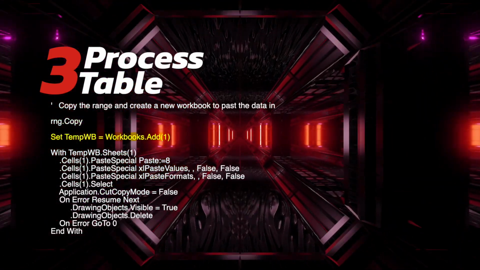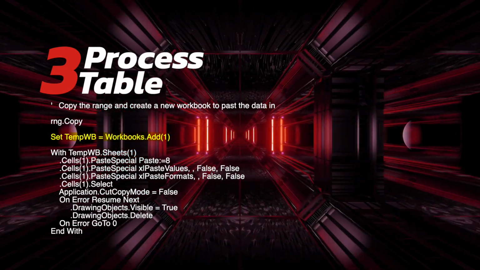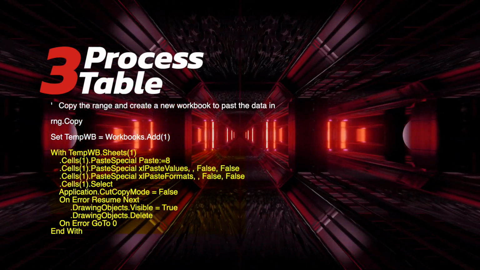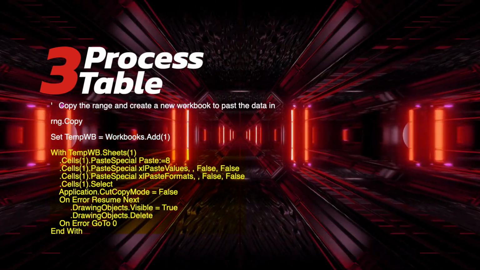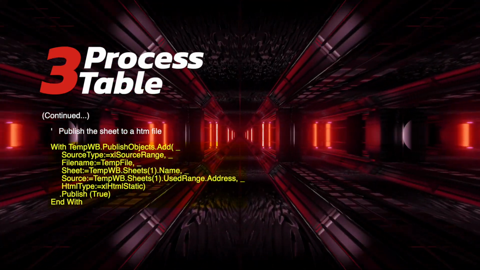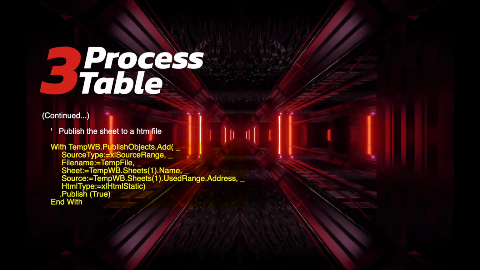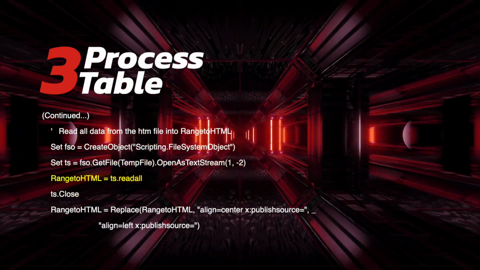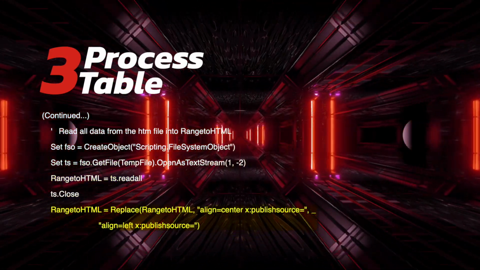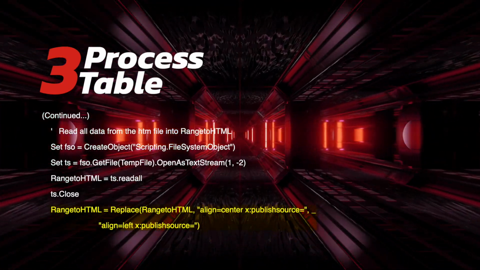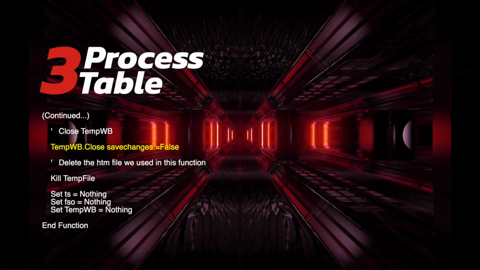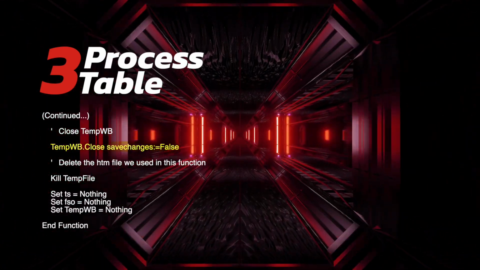Then, adds a temporary workbook to process the table. Pastes the copied table, its formats, and other attributes. Publishes the sheet to an HTML file. Reads the data from that temporary HTML file in order to be inserted into the email. Closes and deletes temporary files.